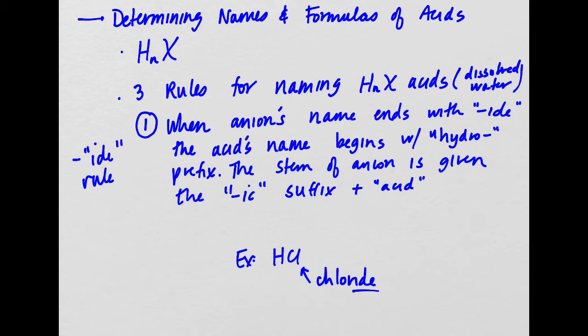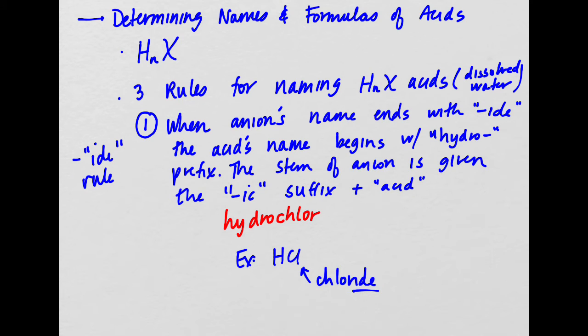So when the anion's name ends with ide, the acid's name begins with hydro. So we're naming this acid hydro something. Then the stem of the anion is given the ic ending. Chlor is the stem.